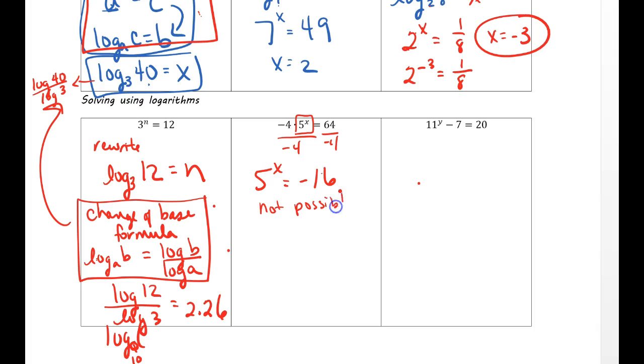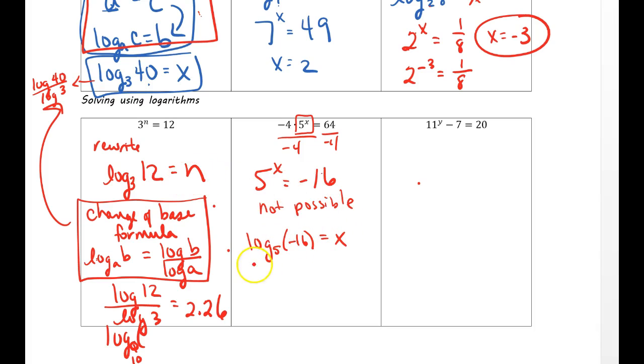If you didn't notice that and you kept going, that's fine. Your calculator should tell you something. So let's see what the calculator tells us. If we try to do this problem, we'd be doing log base 5 of negative 16 is equal to x. And then we would pick up the calculator, so this is the rewrite, just like I did here.